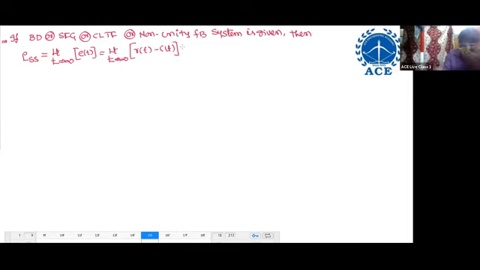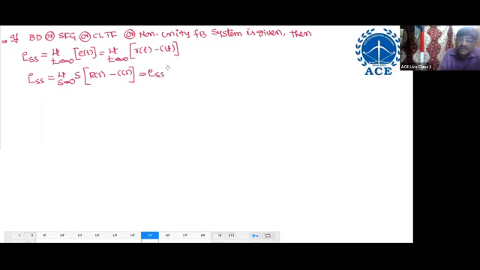Apply Laplace transform and get the answer. Final value theorem. So ESS equal to limit S tends to 0, S into R of S minus C of S. Now take R of S common.